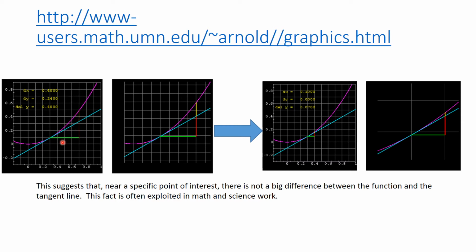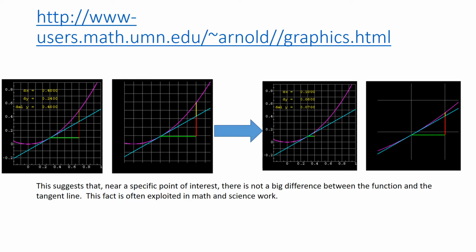And the blue curve is the tangent to the purple curve at this point. But when I zoom in closer and closer and closer, the difference between the tangent line and the purple curve fundamentally vanishes. This suggests that near a specific point of interest, the point of tangency, there's not a big difference between the function and the tangent line.